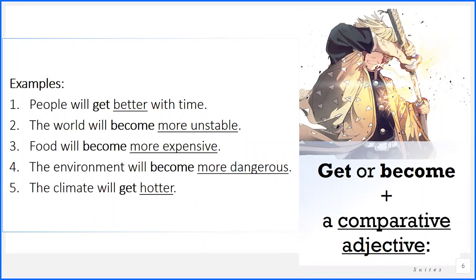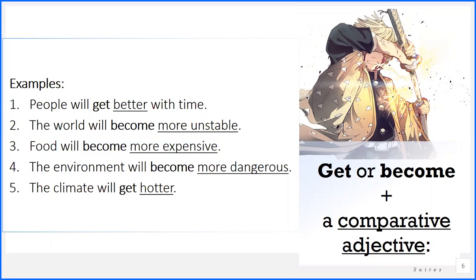Very well. So we get to some more examples with get or become. These are just so you guys can see them a little bit better. I took the liberty of writing down in bold get or become, and then the comparative adjective is underlined so it's more visible. So in the first example, we can see people will get better with time.